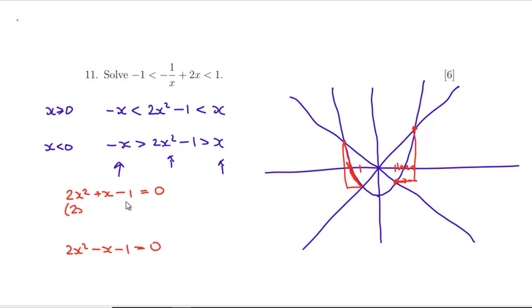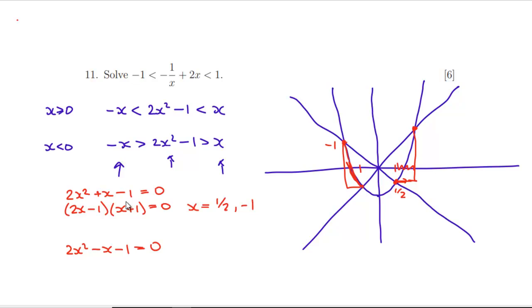So that is 2x plus 1 and x minus 1. So that is x is equal to a half and minus 1. Okay, so that is this point and this point. So that's at minus 1 and that's at a half.